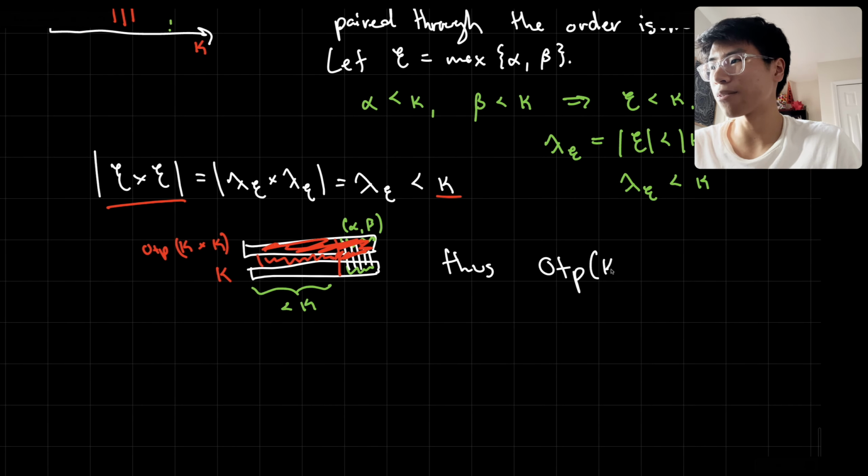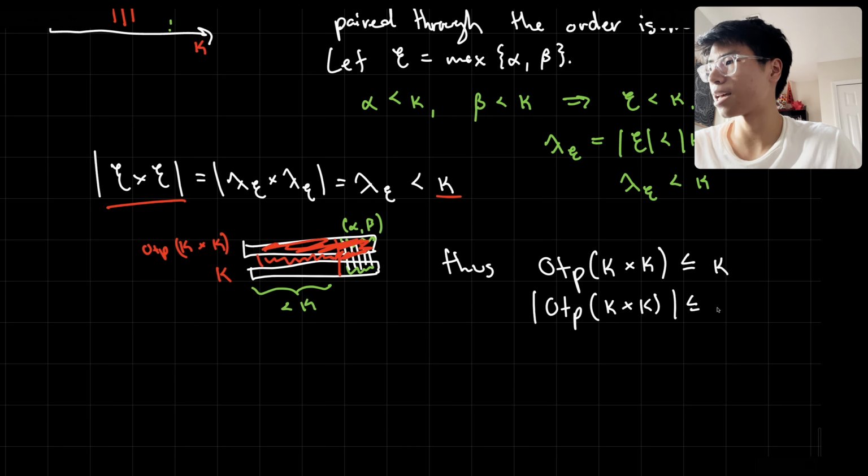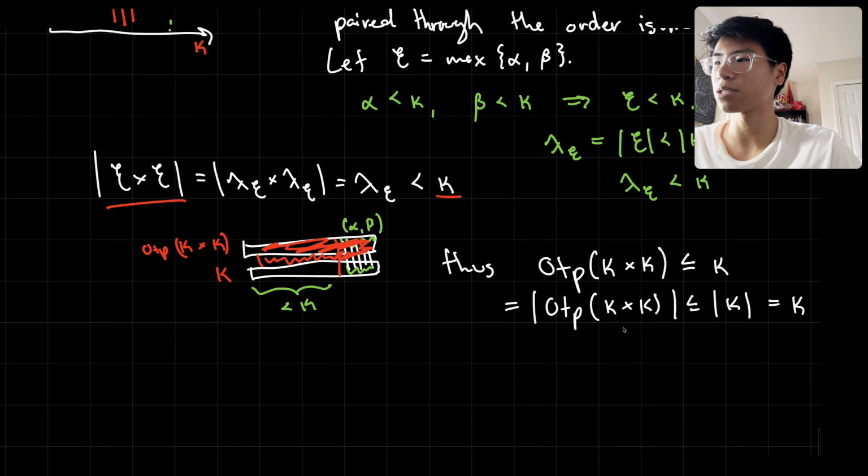Therefore, the order type of kappa crossed with kappa is less than or equal to kappa. Taking the cardinality of both sides, we know that the cardinality of the order type of kappa crossed with kappa is less than or equal to the cardinality of kappa, which we know is kappa. And because it's an easy correspondence from the order type of kappa crossed with kappa to kappa crossed with kappa, we know that this is true.